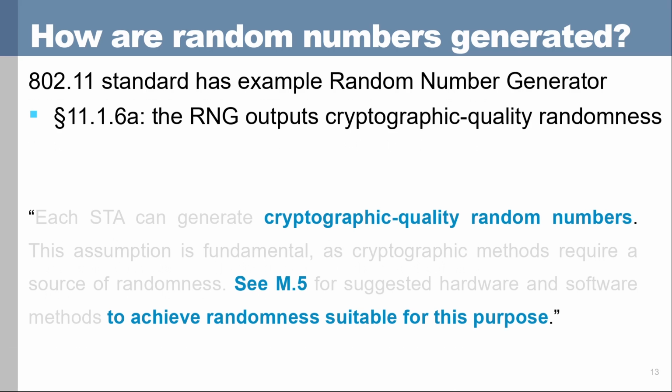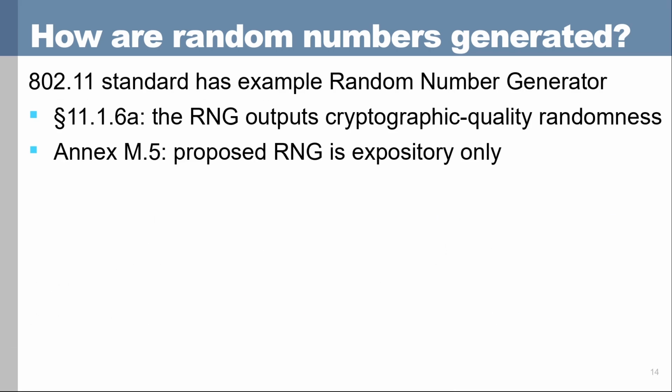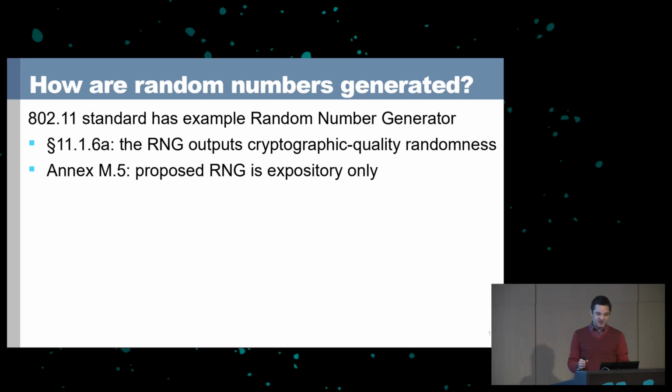This sounds very promising until you actually go to the appendix, and there it says, wait a minute, what we're going to show is just an example solution. Ideally, you should extend it yourself. This is a strange situation, because the standard itself says this RNG in the appendix is secure, but if you actually read the appendix, it says this is just an example solution.